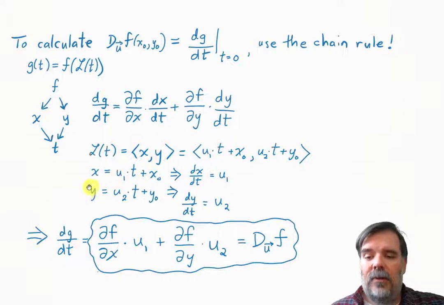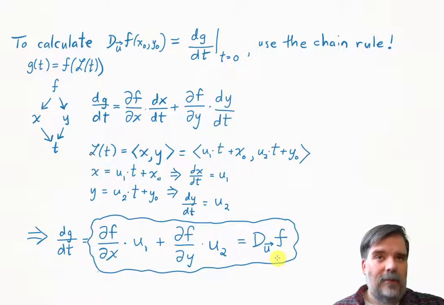Similarly, the derivative of y with respect to t is just the coefficient of t, the constant u2. So the chain rule says that this derivative, we know what dx/dt is, we know what dy/dt is, that's u1 and u2. So that's the formula for the directional derivative.